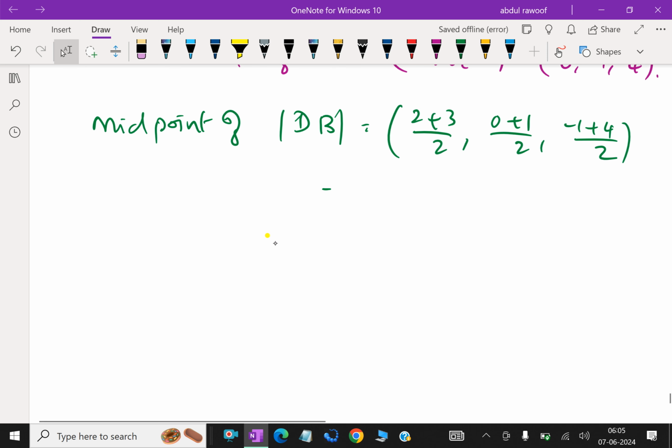Or given as 5 over 2, 1 over 2, 3 over 2. Therefore, this is the coordinate of the midpoint of DB.